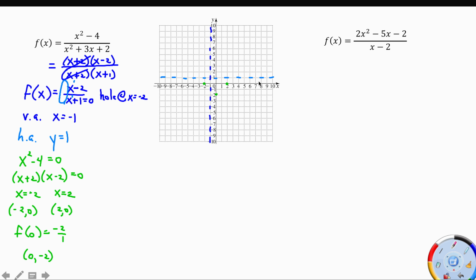or from underneath. In order to determine that, I'm going to take my function and set it equal to my horizontal asymptote. All right, so solving that equation, let's get rid of that fraction.